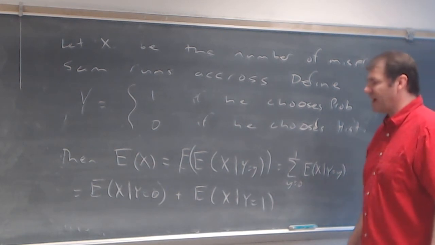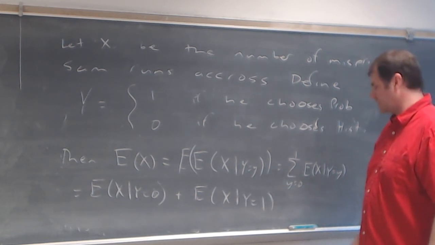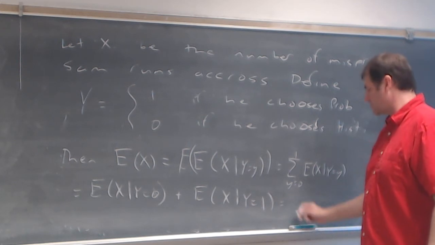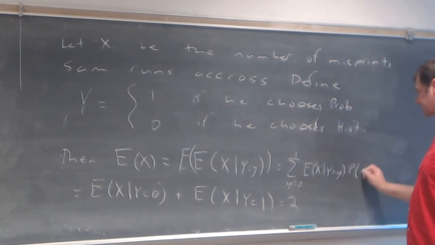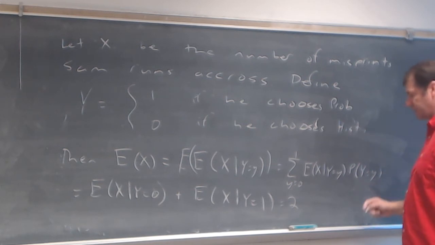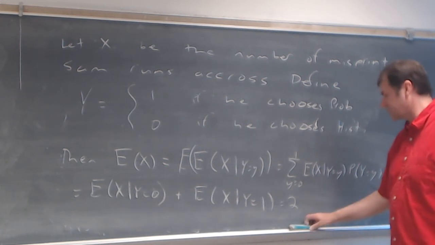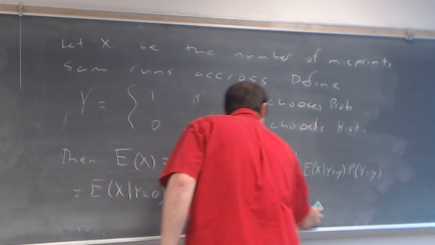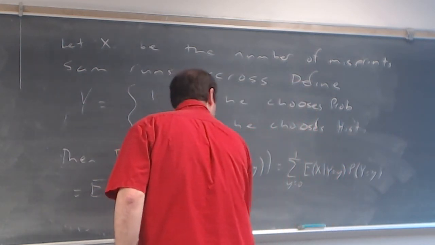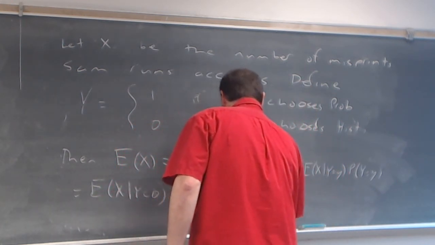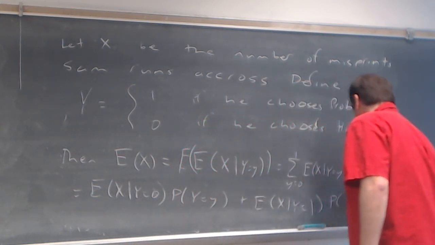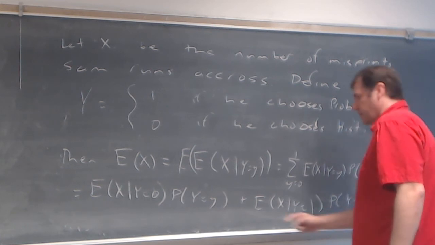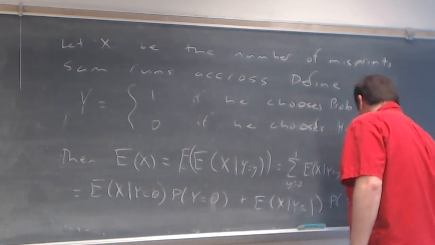And what's the expected value of x in his history book? Well, that means there was just 2 misprints. I'm sorry, I made a mistake here. This should have times the probability y is equal to y. Okay? That's the f of y. So I made a mistake. Here, this is times the probability of y equals 0 plus the expected value of x given y equal to 1 times the probability of y equals 1.